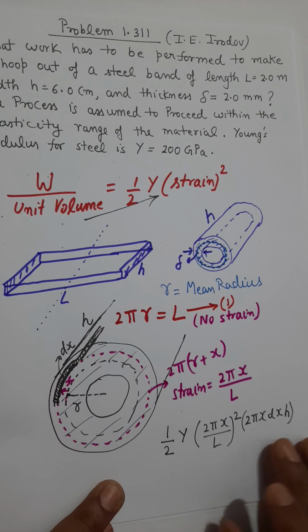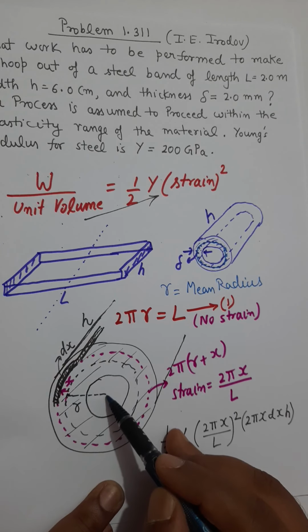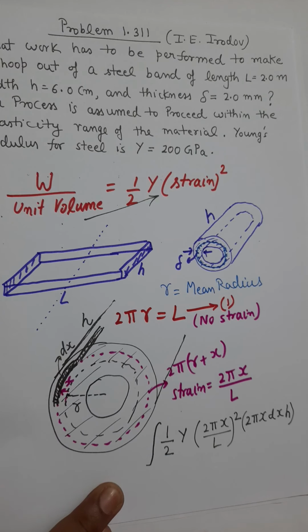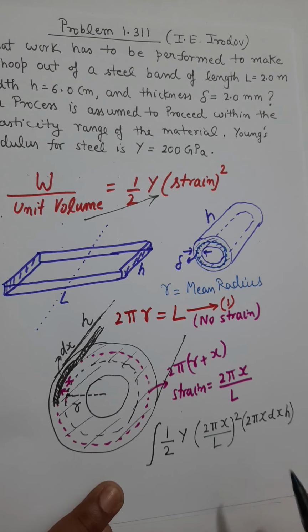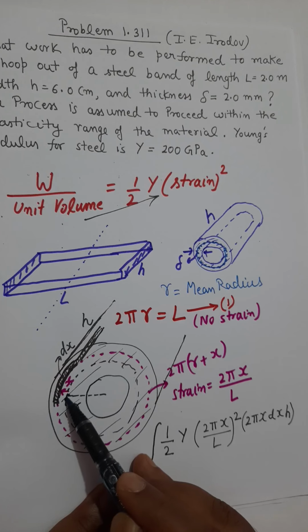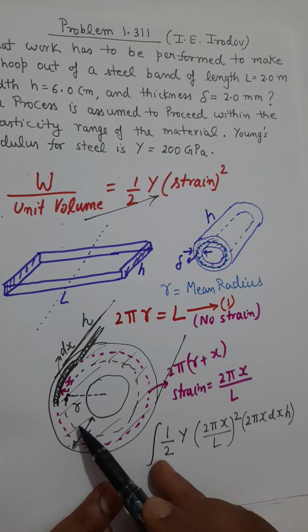So this is the work done for this dx portion only, and to get the total work done, you will integrate this expression by putting the limit of variable small x. And remember, the variable x is measured from the mean layer, the average layer, and the total thickness is given as delta.